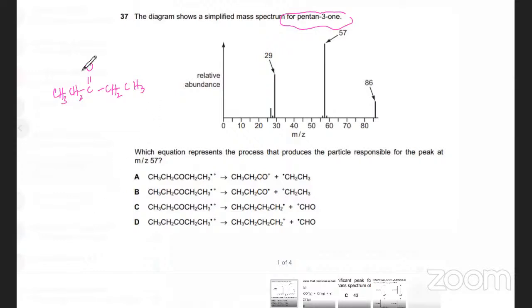What happens in mass spectroscopy? The basic idea is you bombard this molecule with electrons. You try to turn it into ions.